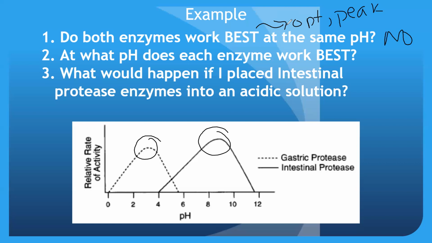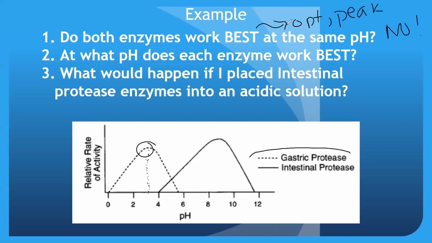At what pH does each enzyme work best? How do we figure that out? Okay, so we go to the peak, and then what do we do? We draw our dotted line down to where it would cross the x-axis.